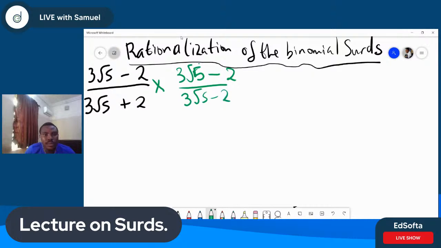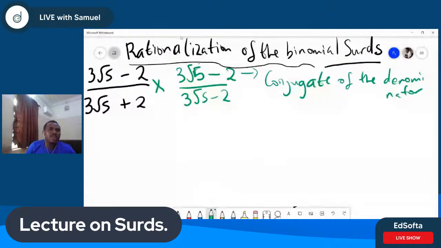Note, the conjugate of the denominator. So how do we multiply this?